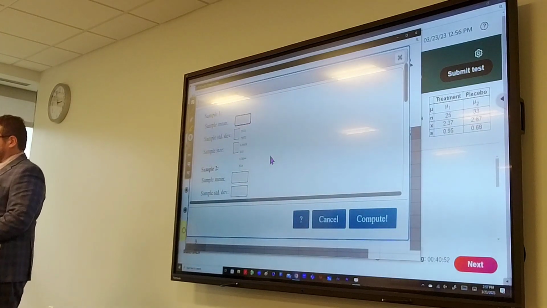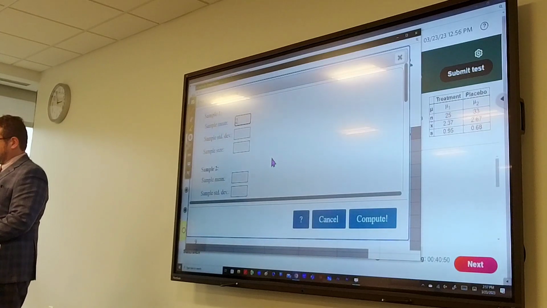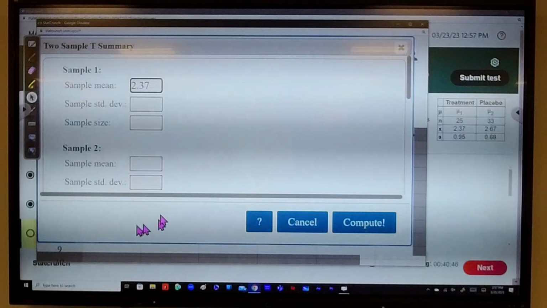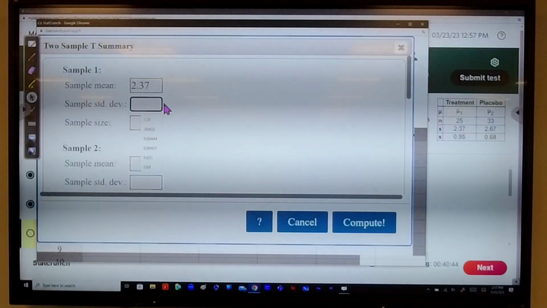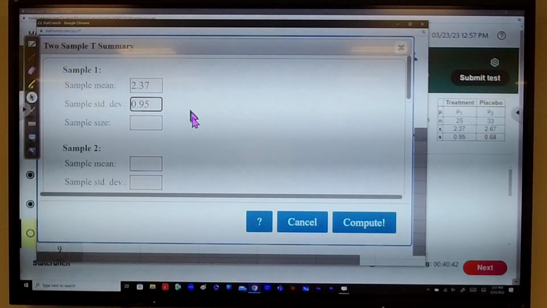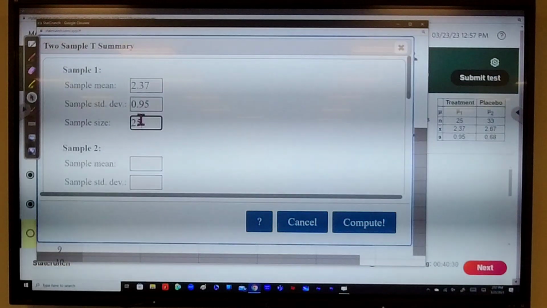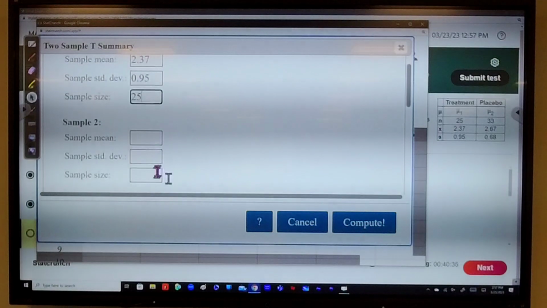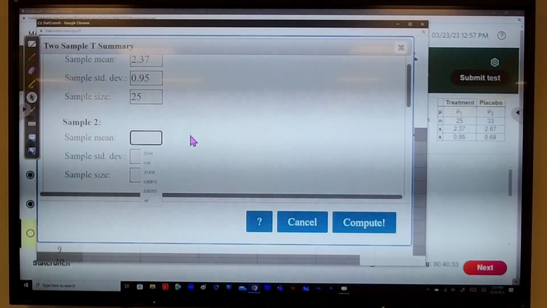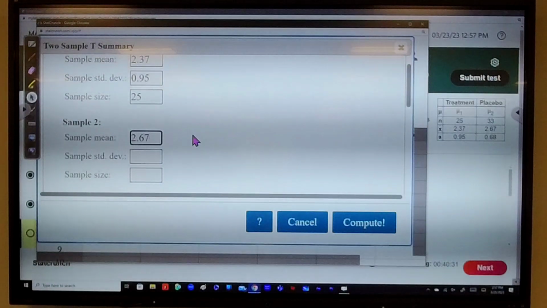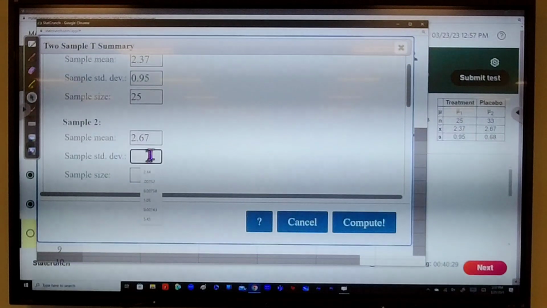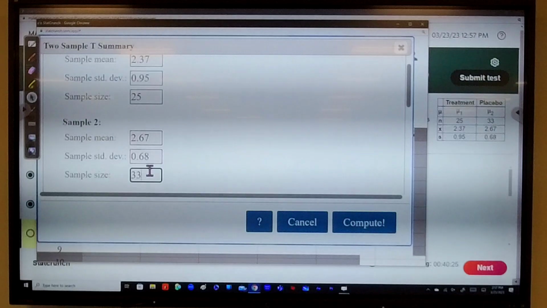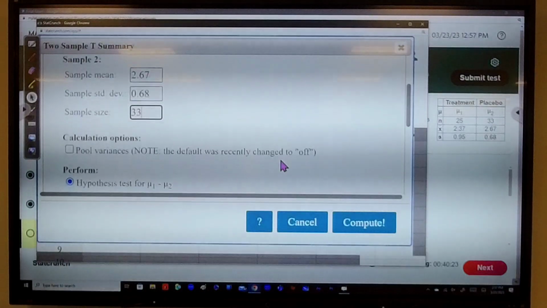And so my treatment group had a mean of 2.37 with a sample standard deviation of 0.95, and that was with 25 patients getting treated. In the placebo group, we had a mean of 2.67, standard deviation 0.68 on 33 patients.